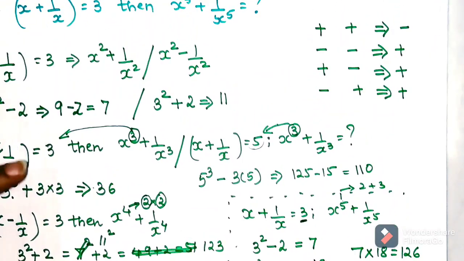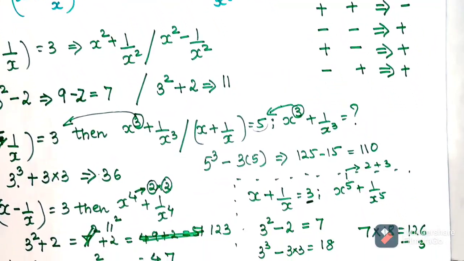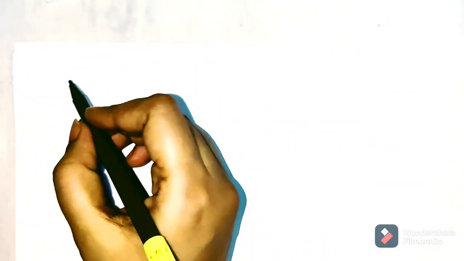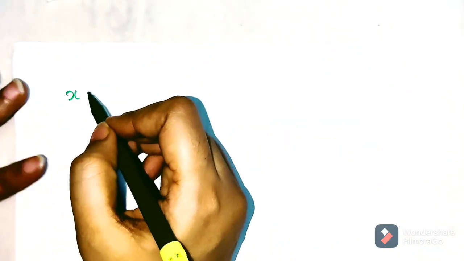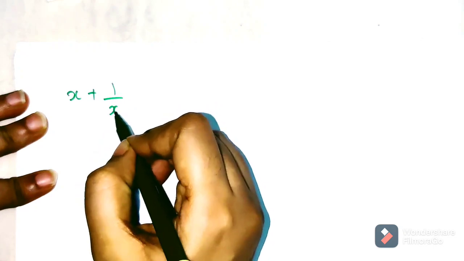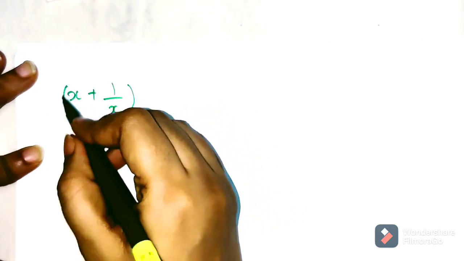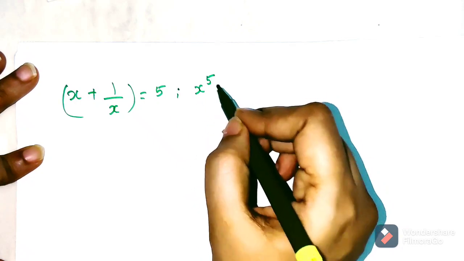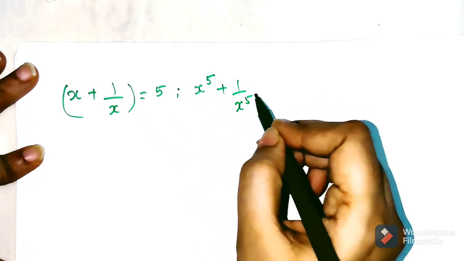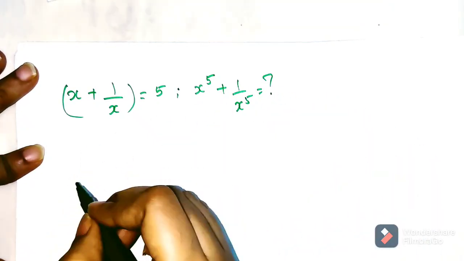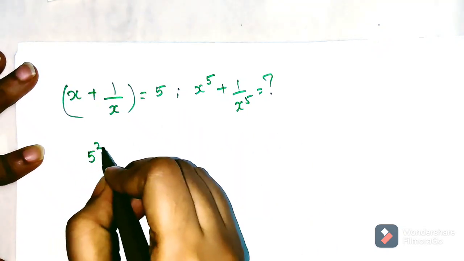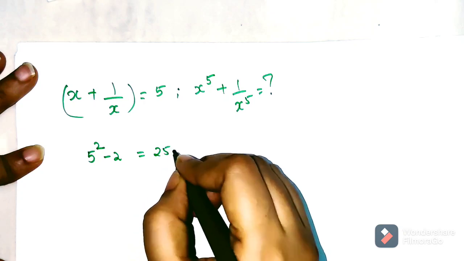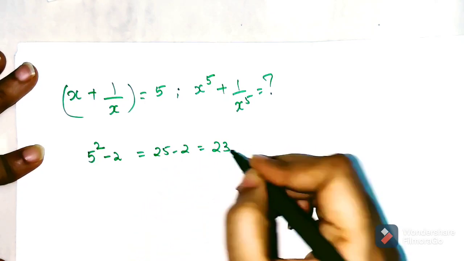Let me do this again with another question. Let's say we had x plus 1 upon x, the whole equals 5, and we had to find x raised to 5 plus 1 upon x raised to 5. Again we are going to do 5 square minus 2, which is 25 minus 2, which is coming out to be 23.